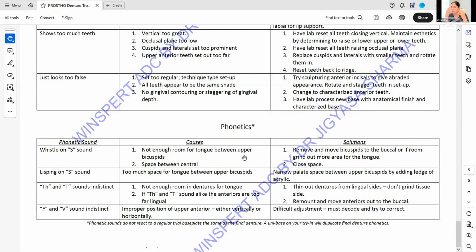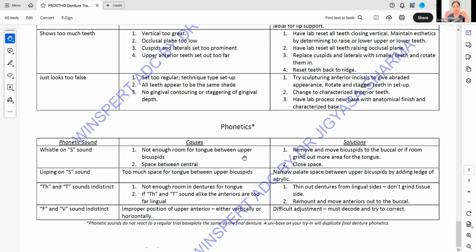F and V is the vertical incisal situation between the incisal edge of the teeth and the lips. So F and V sound is the vertical problem of the upper anteriors with the lip, either horizontally or vertically. So adjust the bite and the overjet, right? So improper position of the upper anterior. Upper incisors make F and V sound when they meet the lower lip.